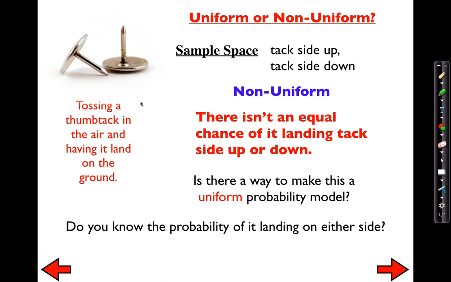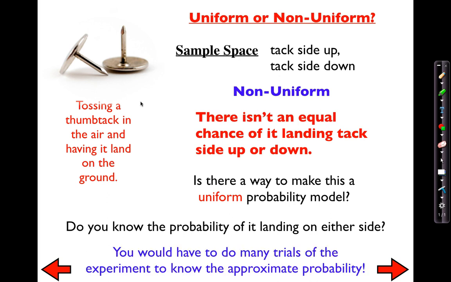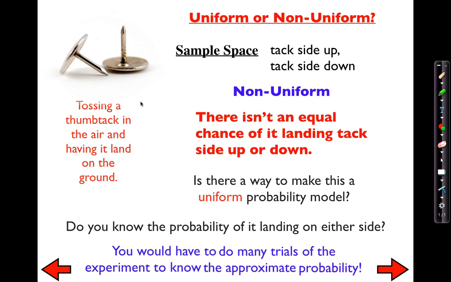So do you know the probability of it landing on either side? The answer yet again is no, we don't. The only way to determine that is by doing many trials of the experiment to approximate the probability. So you're going to find that a lot with non-uniform probabilities: we don't know, and the only way to determine it is by doing a lot of experiments.